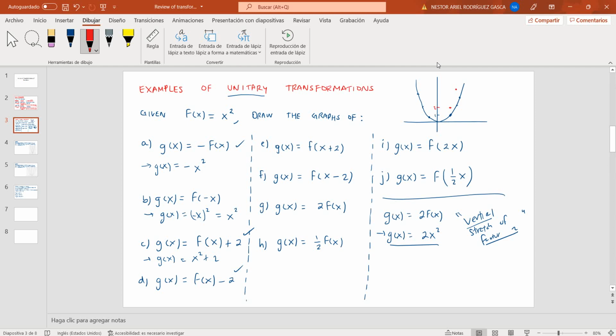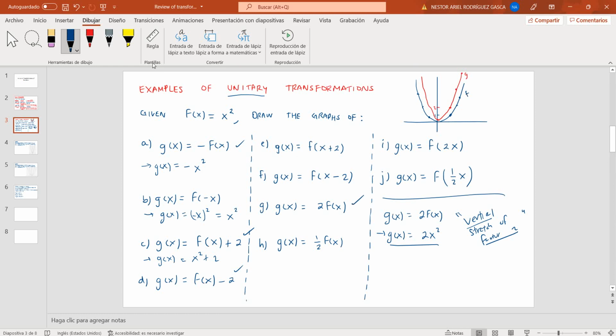And the same for every single one of these points. The distance from here to here is going to be multiplied by 2, and it's going to be looking about here, give or take, and you're going to have this type of transformation. So this is going to be g, and the blue one is f. That's what we mean by a vertical stretch of factor 2.